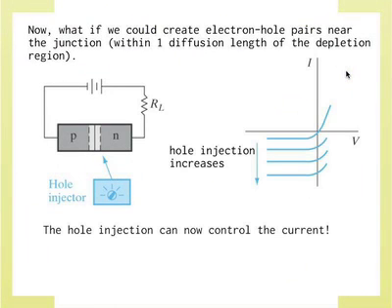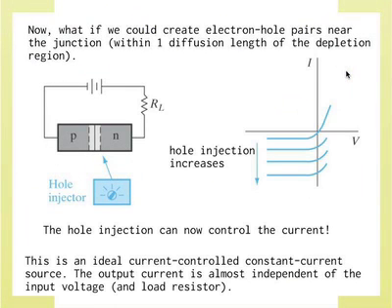I'll skip through this part. This is the basic idea of the bipolar junction transistor. The current voltage curve is essentially a reverse bias PN junction, and the only thing that's changing is the reverse saturation current of this PN junction.